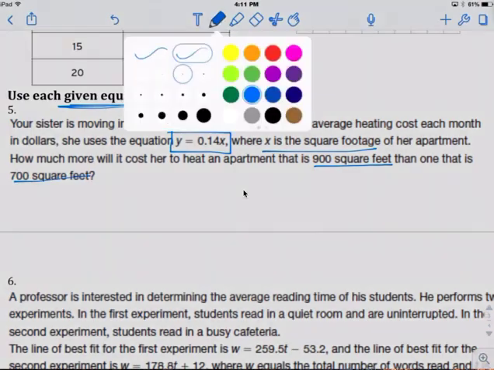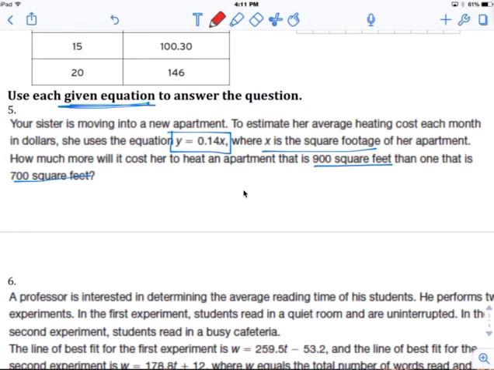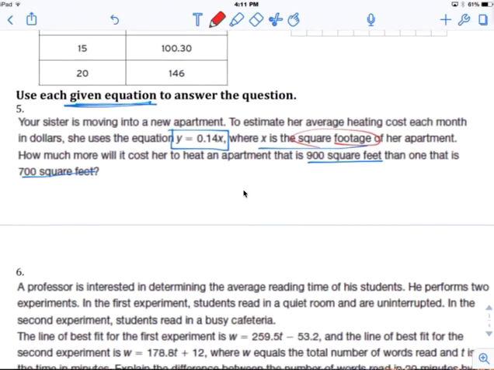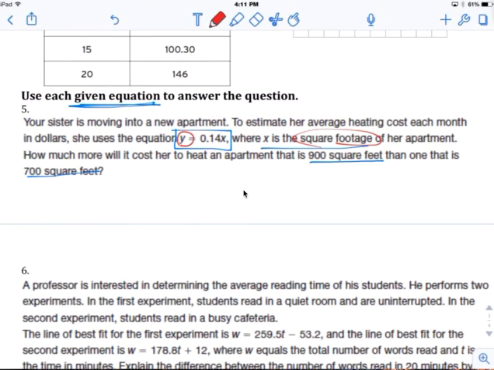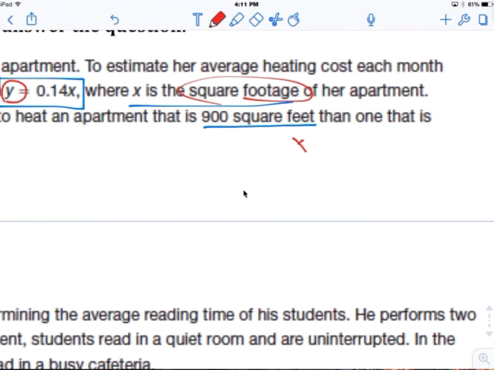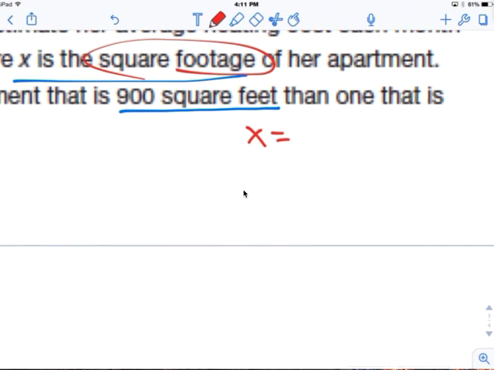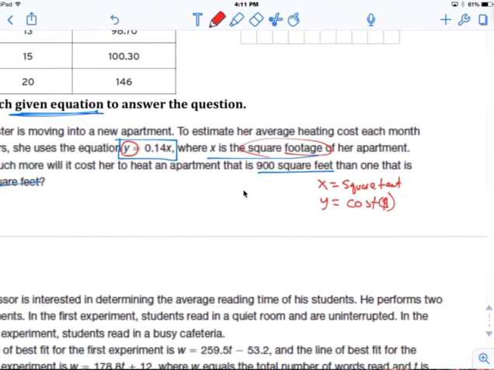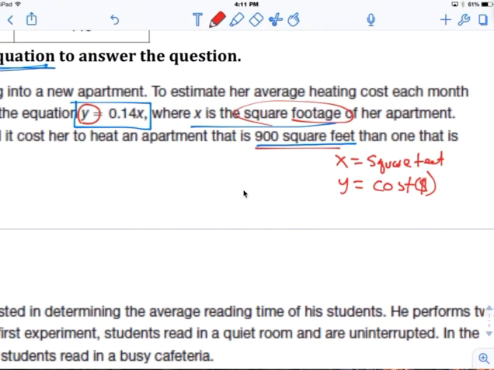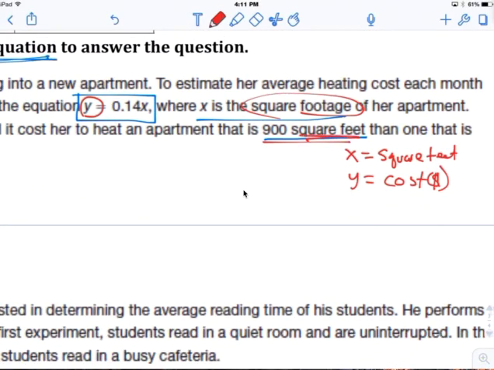Okay, let's see how much it costs for 900 feet. Now X represents the footage, right? And Y represents the dollar amount, the cost. So 900 square feet is X because it's the footage.